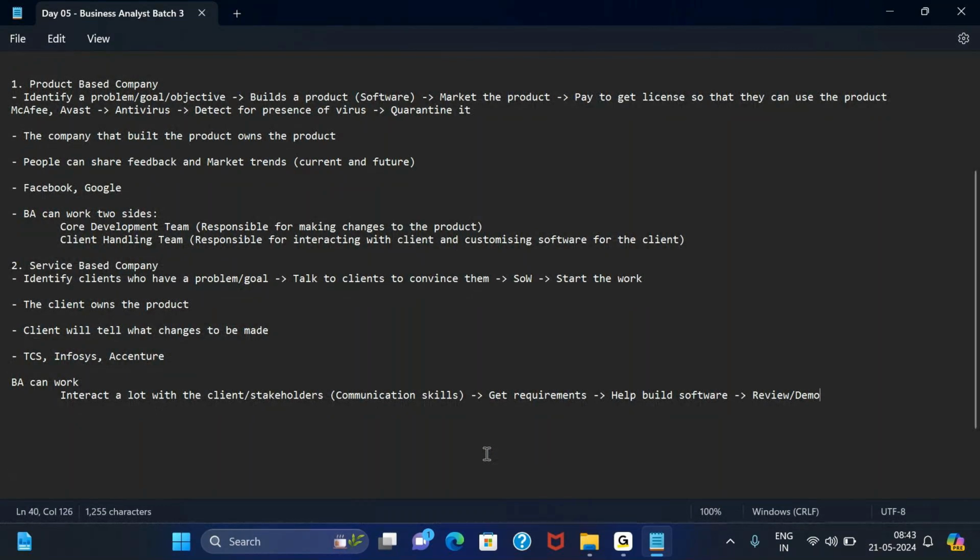Even the work starts with the client, the work ends with the client only. It starts with their approval that go ahead and do this work, and it ends with their approval that yes, I'm okay with whatever you guys are doing.